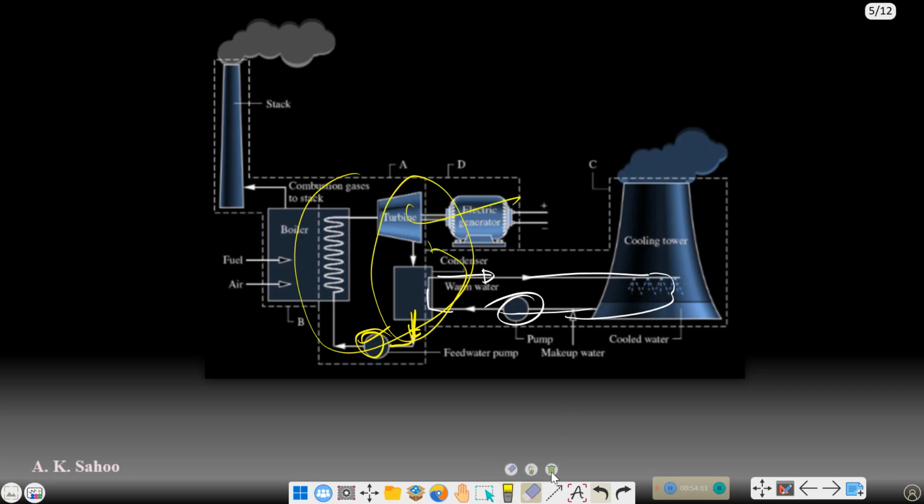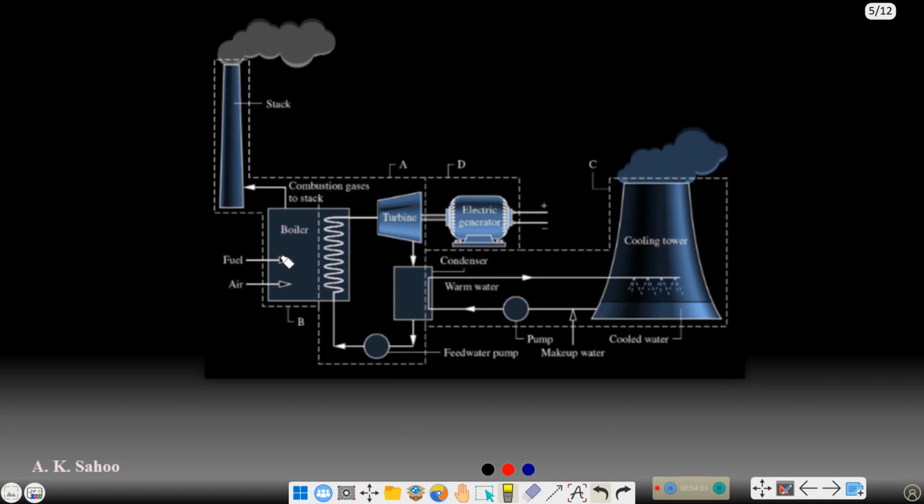Other than that, there are some other components, like the furnace in the boiler. We bring in fuel and air, and we burn the fuel in the presence of air. How air is sucked into this device is another part of the discussion, but we are not going to discuss it in detail.